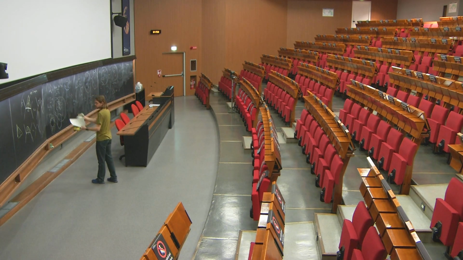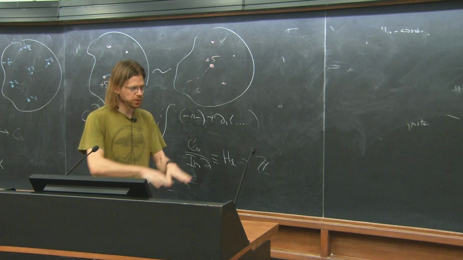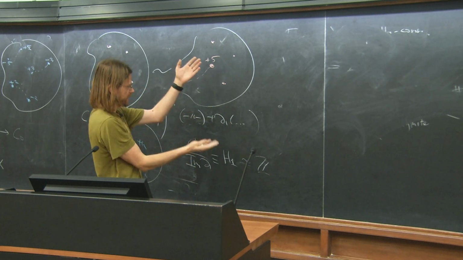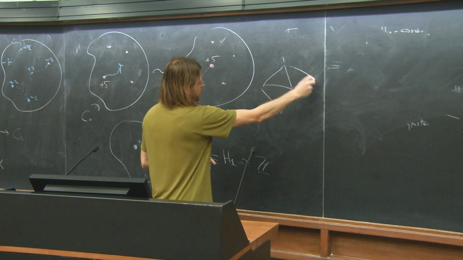And you can continue, of course, this story to higher dimensional simplices. For example, for two-dimensional simplices, you can understand some sort of two-dimensional cycles which represent elements of the homology group in degree 2. You can have a bunch of triangles glued together.